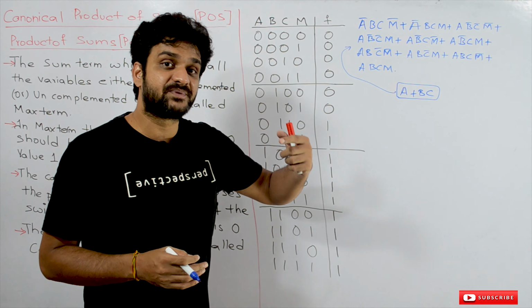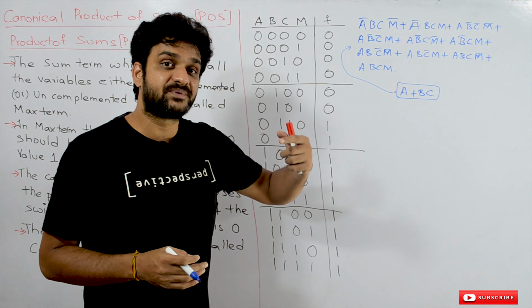In the product of sums, we are going to represent the function which represents the output as 0. For that, we have to find all the terms which are generating the outputs as zeros. So in order to understand that clearly, we will go with this part, which describes the representation of product of sums.